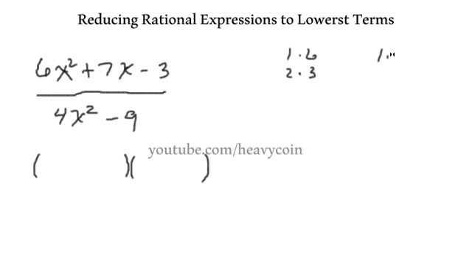That's about all we have, which is good. In other words, I can put a 1 here and a 6 here, or a 2 here and a 3 here. And I'm going to go ahead and put a 2x and then a 3x. Okay, that's coming from these numbers here.